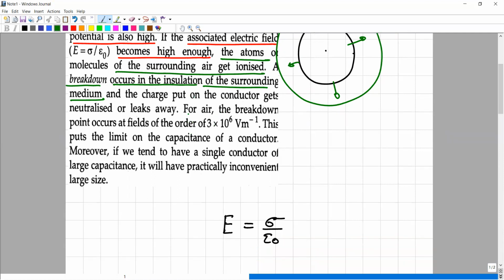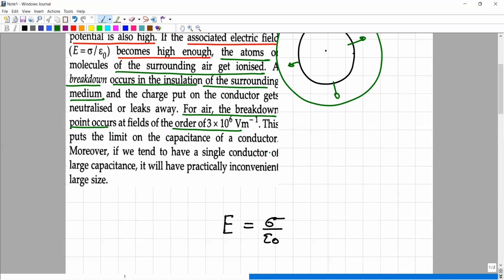For example, in air, the breakdown occurs on the order of 3 into 10 raised to 6 volt per meter. You may have discussed lightning. Lightning takes place when the potential difference or the potential in the cloud is more than 2 lakh volt, 3 lakh volt, like that.